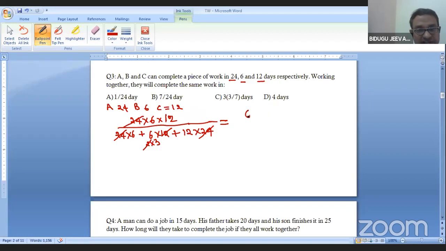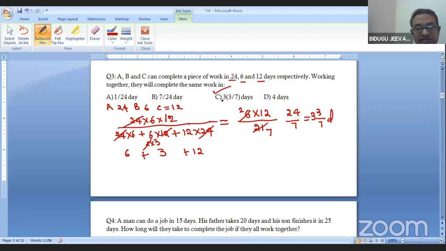Now, whatever is left over, please write down 12. This is 6. It is 3. It is 12. So what is the value? 21. Clear? 3 2s, 3 7s. 24 by 7, it is nothing but 7 3s are 21. 3 by 7 days.